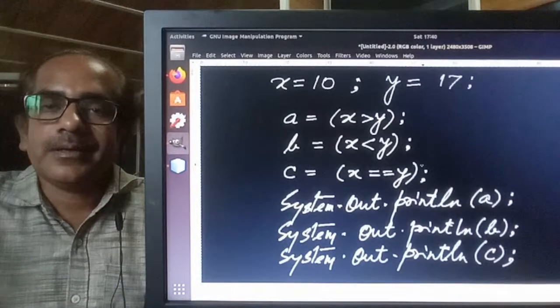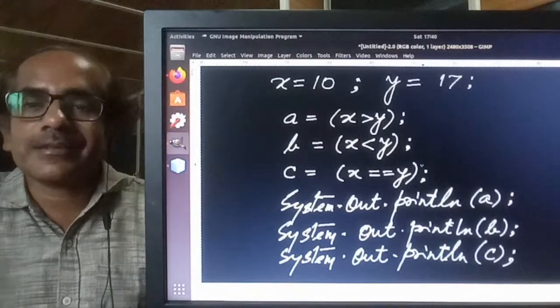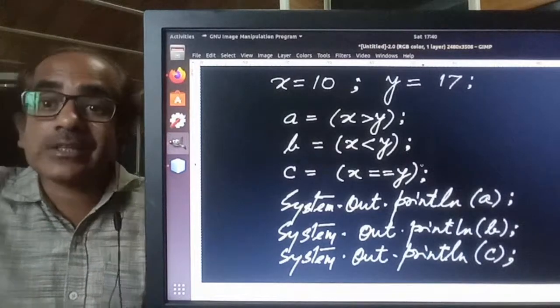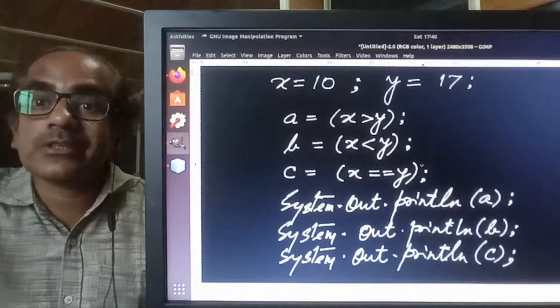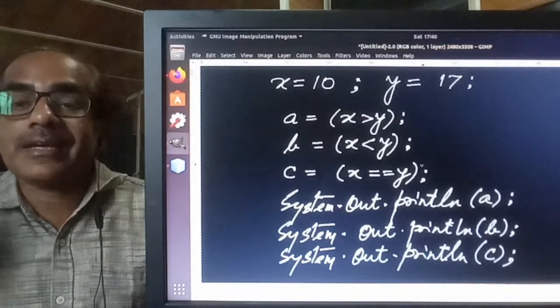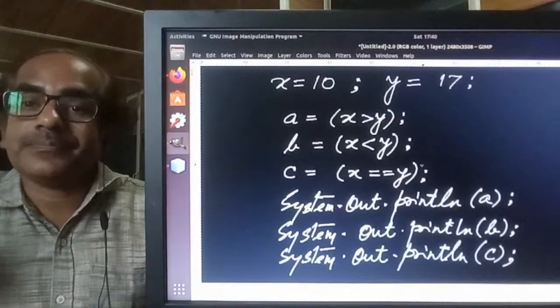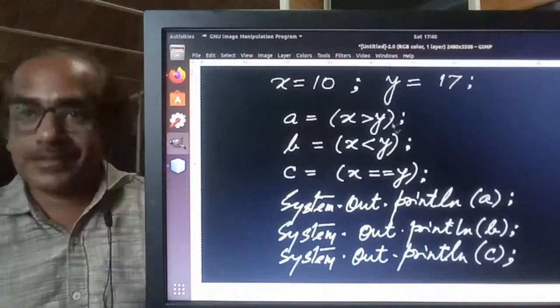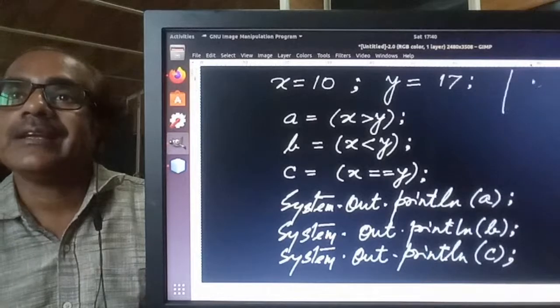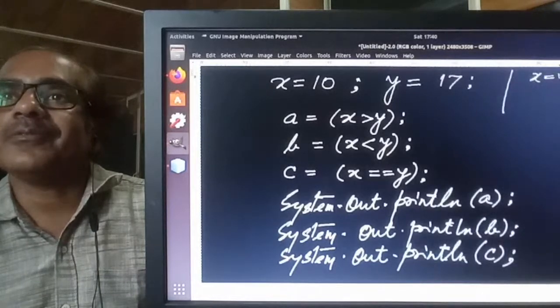When you're writing a equal to x greater than y, b equal to x less than y, and c equal to x equals y, here the equal to symbol is not used for assignment, but for comparison. Suppose sometimes you're writing x equal y.